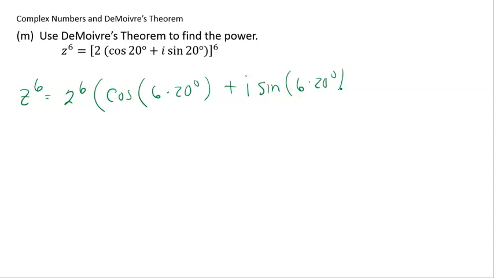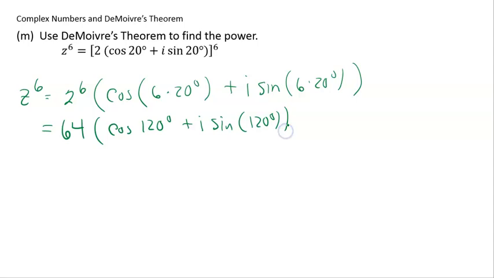It's not, it's 120 degrees. Okay, you're telling how many of those mistakes I make. 2 to the 6th. All right, what is 2 to the 6th? 64, right? Okay, 64 times the cosine of 120 degrees, plus i times the sine of 120 degrees.